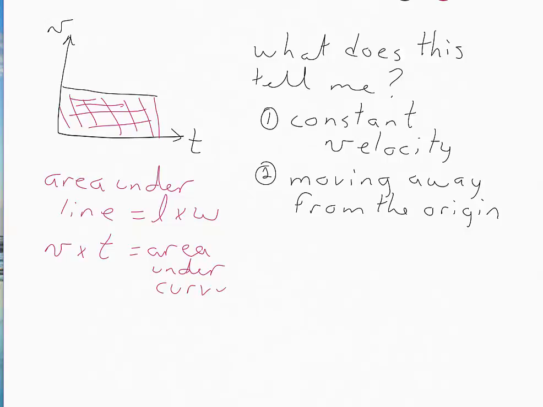But we just said on the last page that velocity was distance over time. So if velocity is displacement or distance over time, what is velocity times time? It is the displacement. So velocity times time is your displacement.